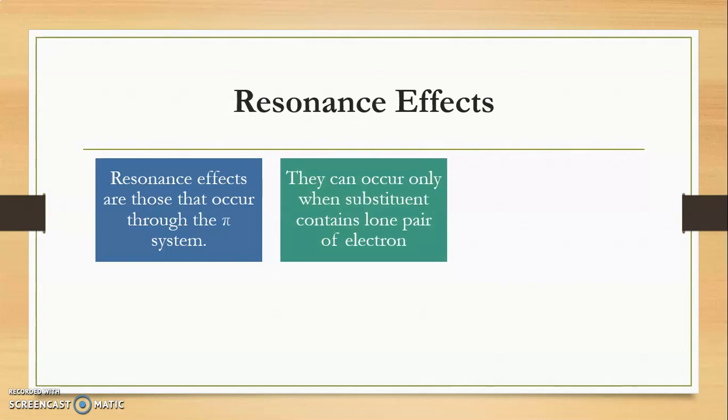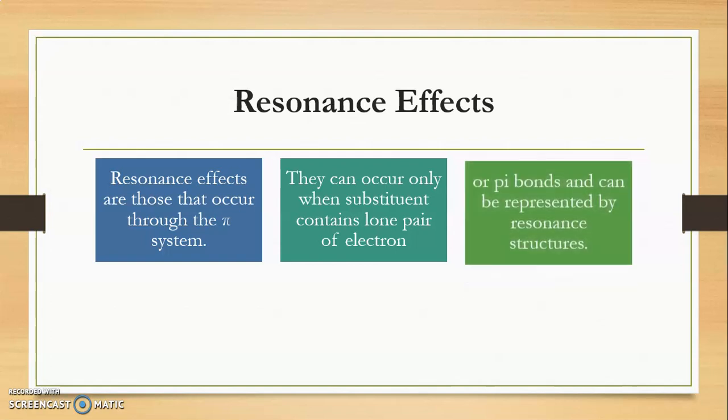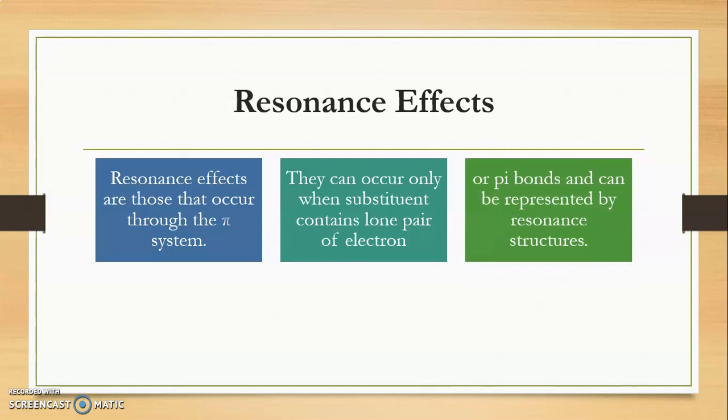Now this resonance effect can occur only when the substituent contains the lone pair of electron or the pi bonds and can be represented by the resonating structure. Means for a compound or the substituent group to show a resonance effect, it should have the lone pair of electron or the pi bond.